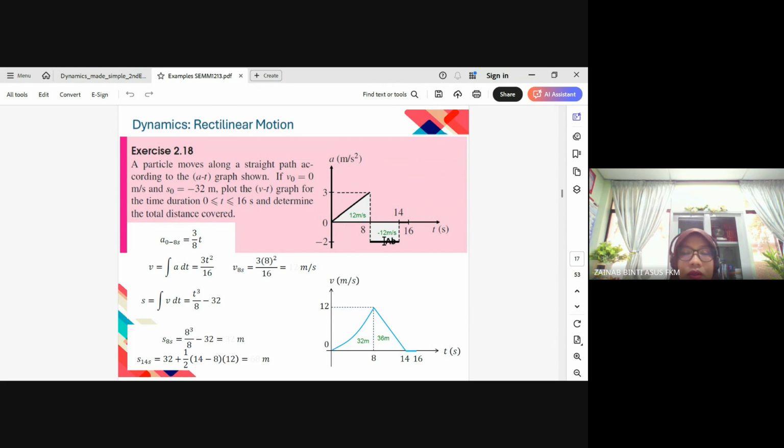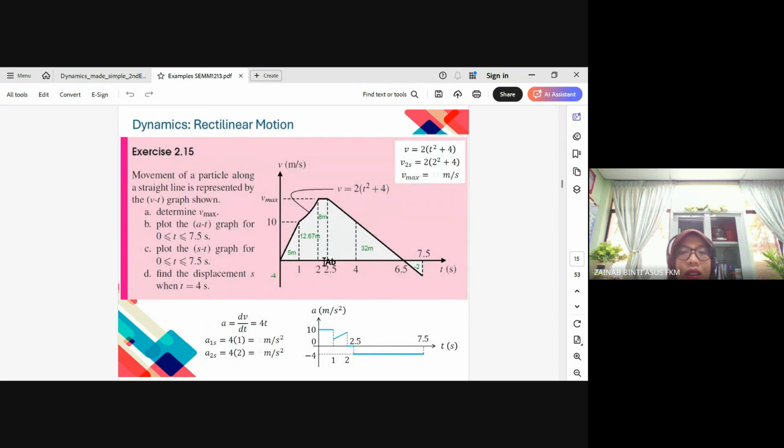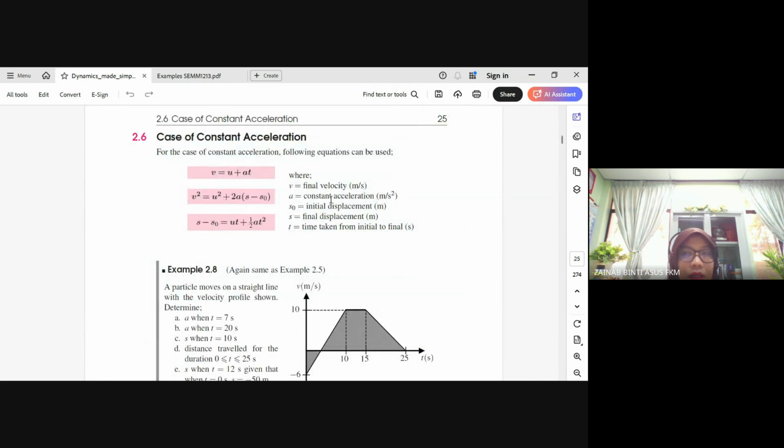That's why I didn't highlight it for you for the rectilinear motion, because it will confuse you a lot.